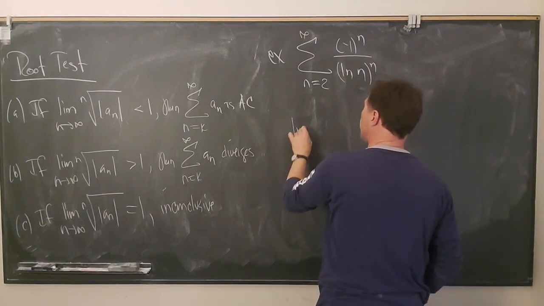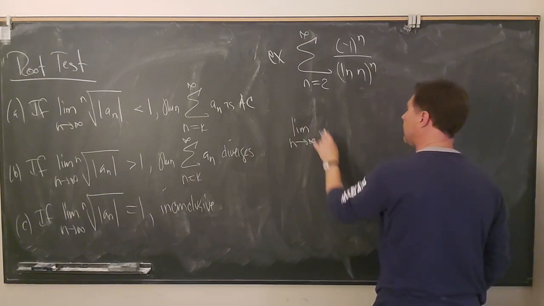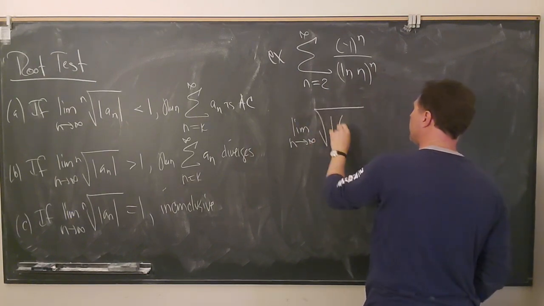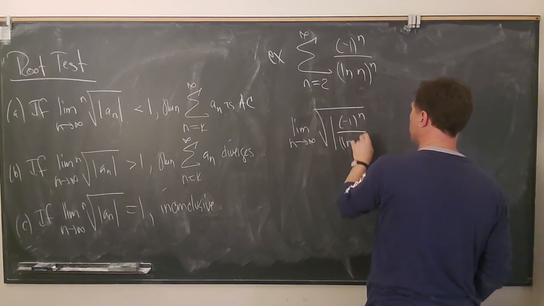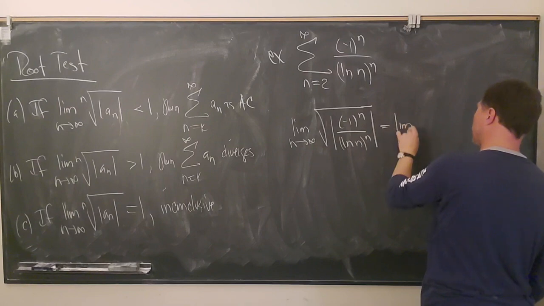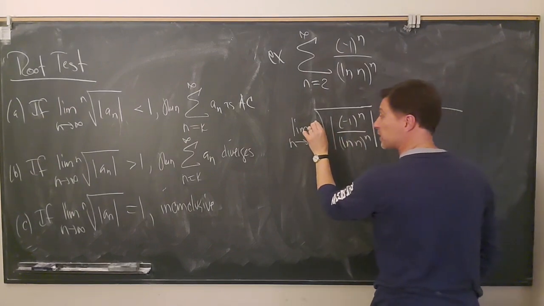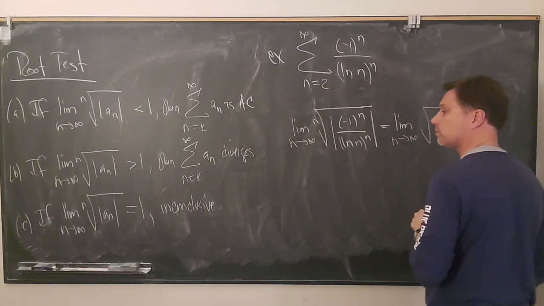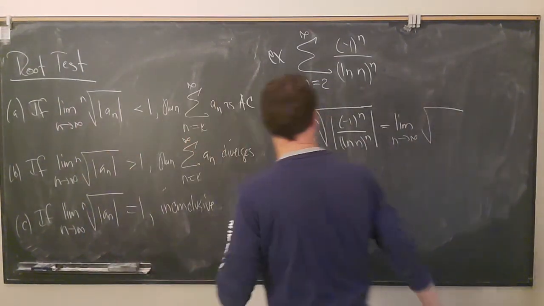So if I do the limit as n goes to infinity of the nth root of the absolute value of (-1)^n over the natural log of n, raised to the n, that's just going to equal the limit as n goes to infinity. Oh, sorry, that should not just be square root, that should be nth root. Make sure I got nth root in all places. Yeah, nth root, nth root, nth root.